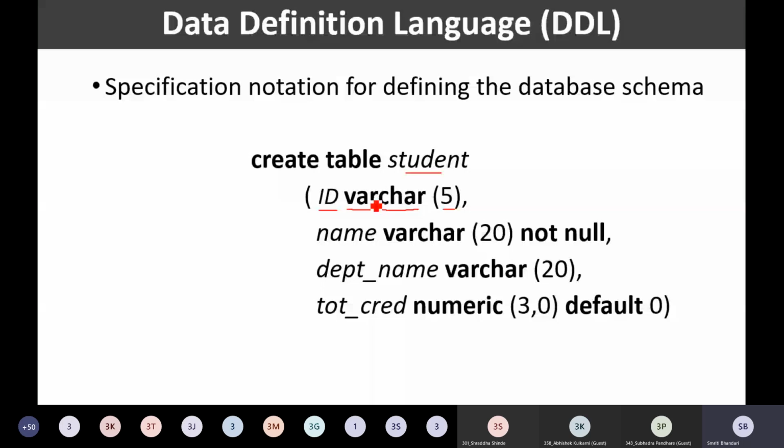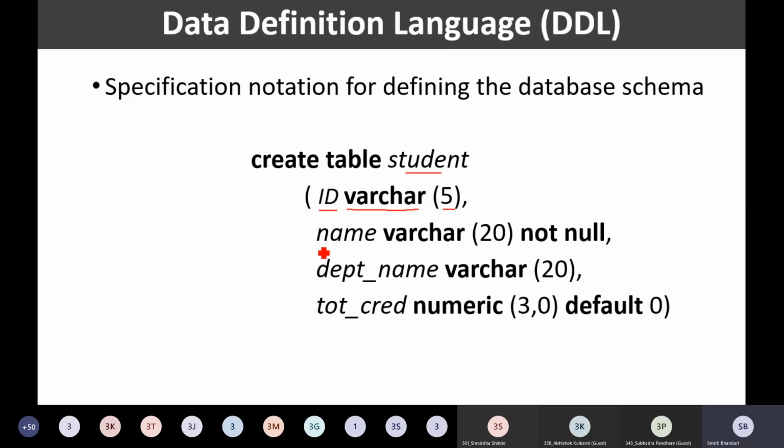Just remember, it is a kind of character data type, so it is possible for me to store character data in this attribute ID. And this number indicates the size, meaning I may store at the max 5 characters as the value for this ID. So this is how I specify and define the attribute ID of my student table.